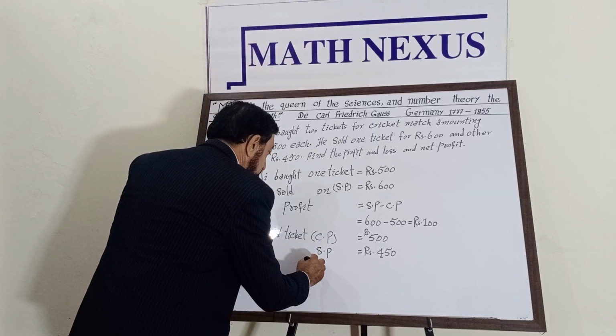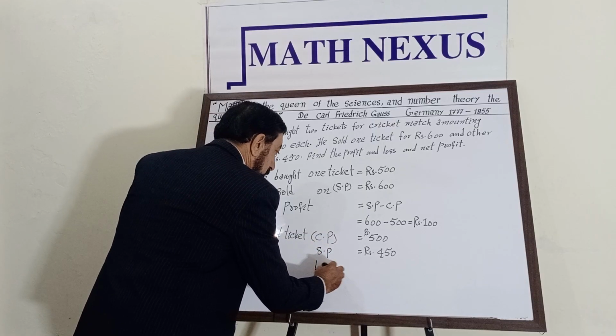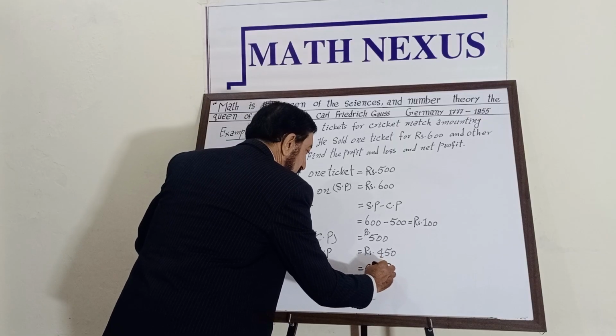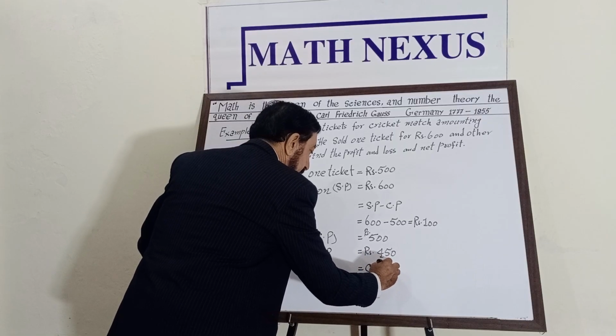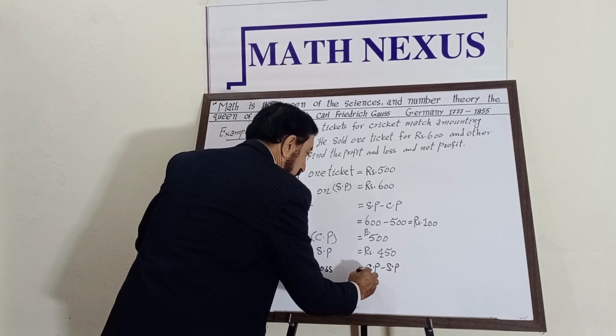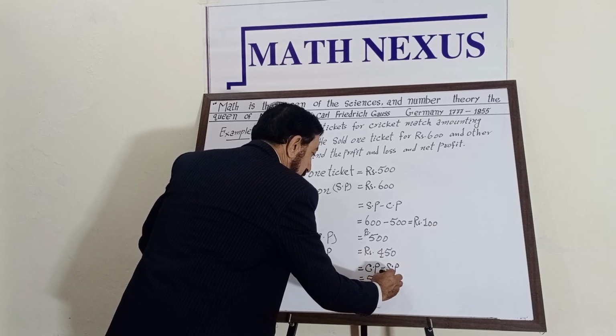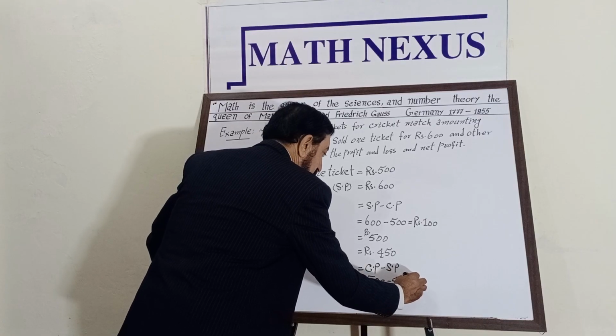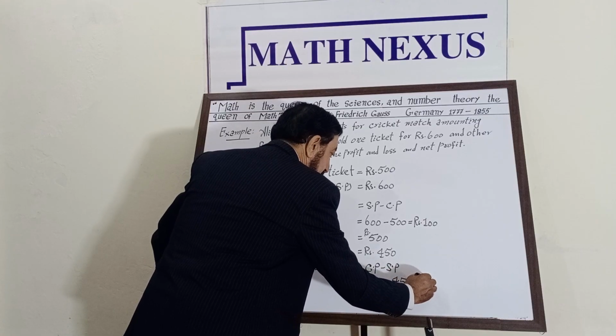Loss is equal to cost price minus sale price. Cost price is equal to 500 minus 450 is equal to 50.